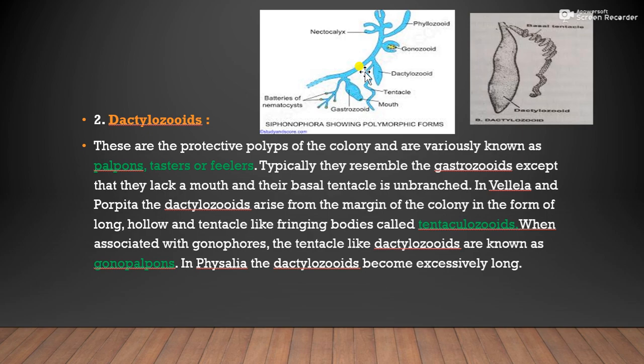When associated with a gonophore, the tentacle-like dactylozooids are known as gonopalpons. Look at this, this one is the dactylozooid. The dactylozooids become excessively long. Look at it, this one is the dactylozooid. And what is the function of this dactylozooid?